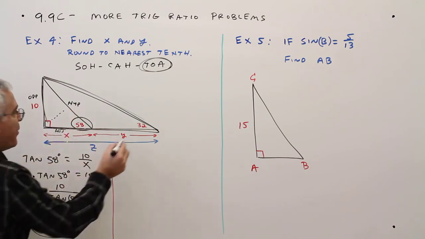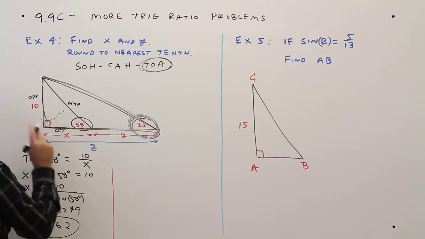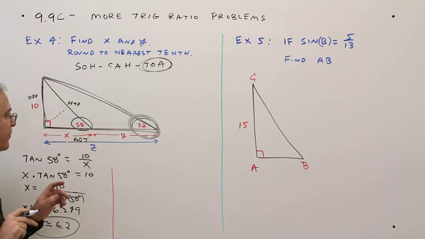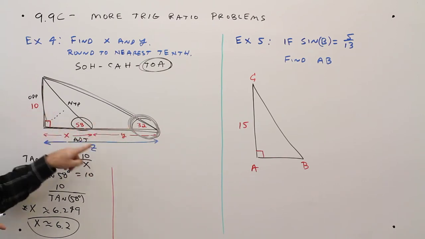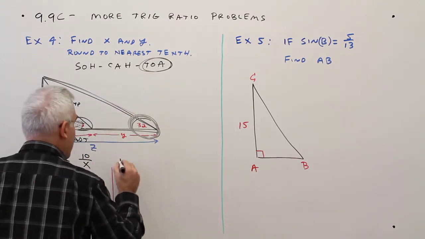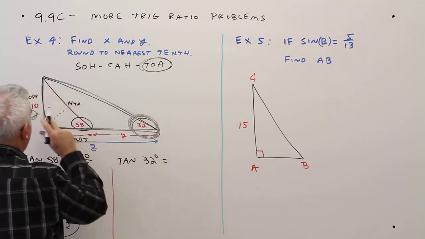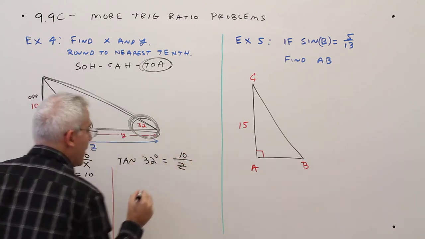Okay, so now this will be my reference angle. Again, this will be my opposite. The whole z will be my adjacent now. All right, again, somebody I know and somebody I'm looking for, opposite and adjacent, that's going to be tangent again. So the tangent of 32 degrees equals 10 over z.